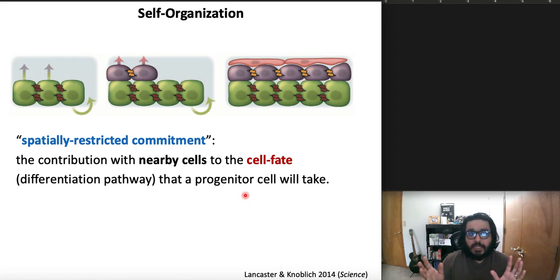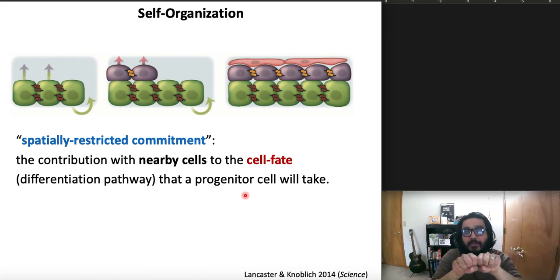Right? So this is analogous to the idea of, remember, Notch and Delta signaling in neural stem cells, where you have two cells touching each other, and both express Notch and both express Delta, and when they bind to each other, the one cell that ends up with more Notch and less Delta signaling becomes the neuron, and the one that has more Delta signaling or more Notch signaling becomes the glial cell, right?